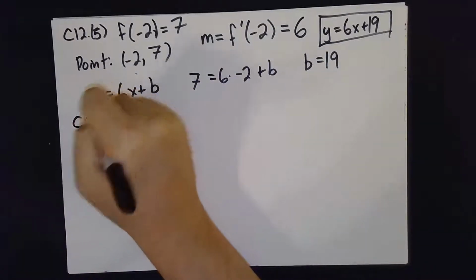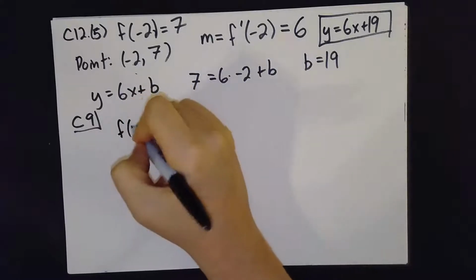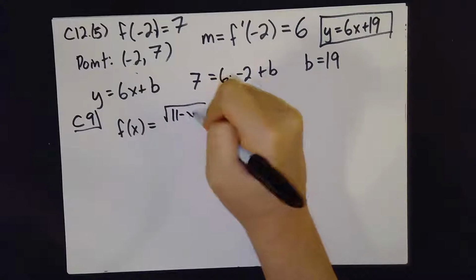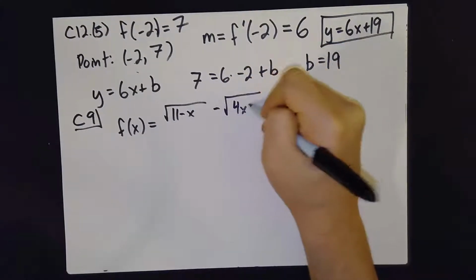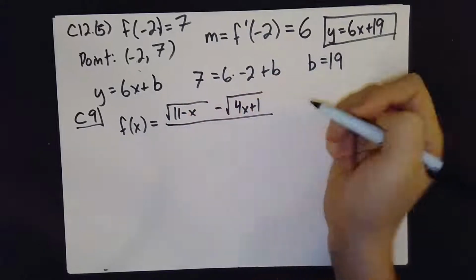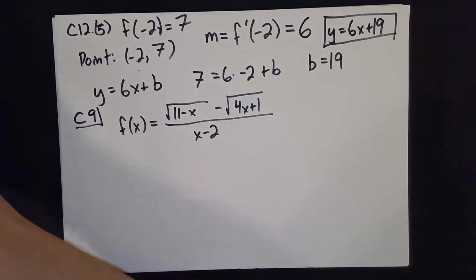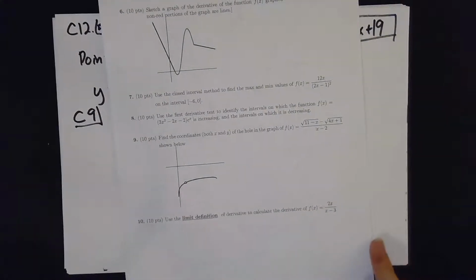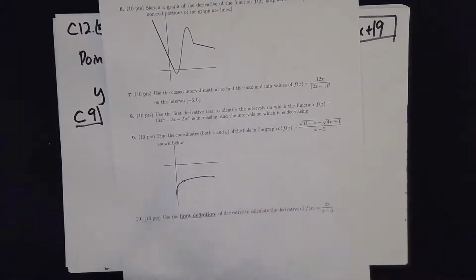Okay. Well, the next request was about C9. So C9 gives us this graph of the function f of x equals the square root of 11 minus x minus the square root of 4x plus 1, divided by x minus 2. And it shows us this graph just to remind us that this graph has a hole in it, but it asks where this hole is.